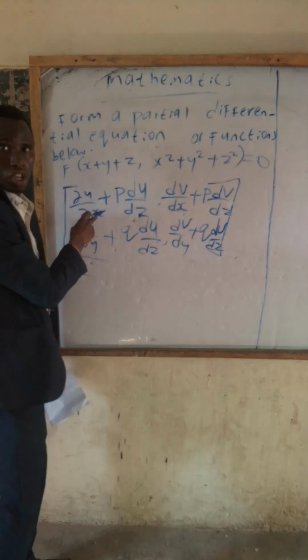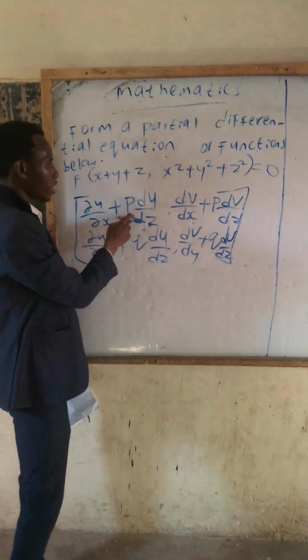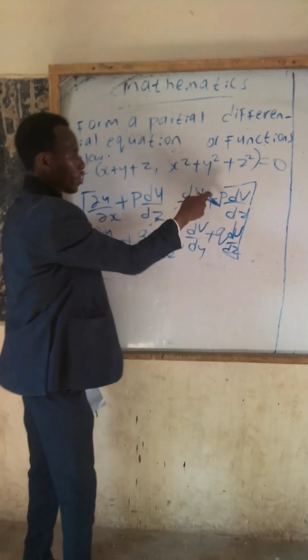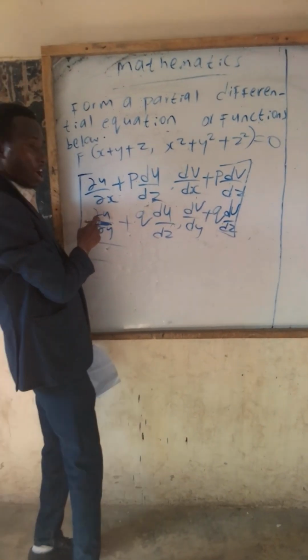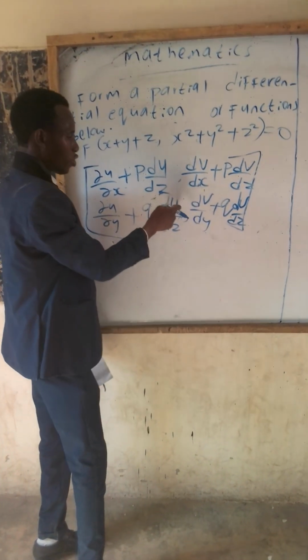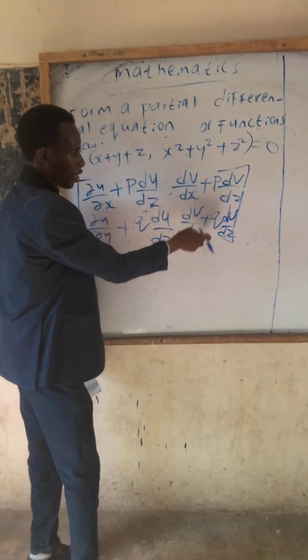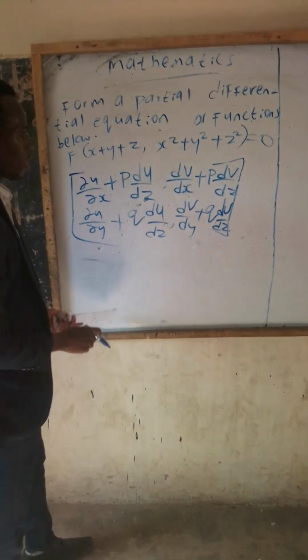So we have the partial differential of du/dx plus p du/dz, comma, dv/dx plus p dv/dz. We also have du/dy plus q du/dz, comma, dv/dy plus q dv/dz.